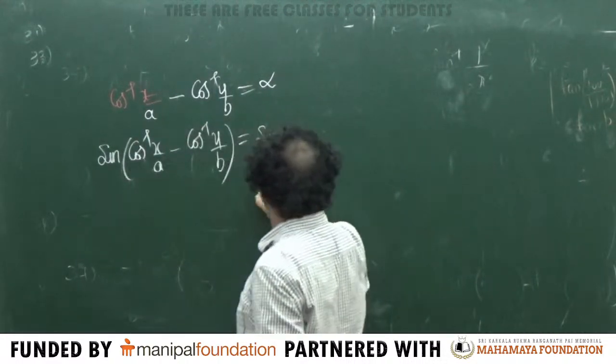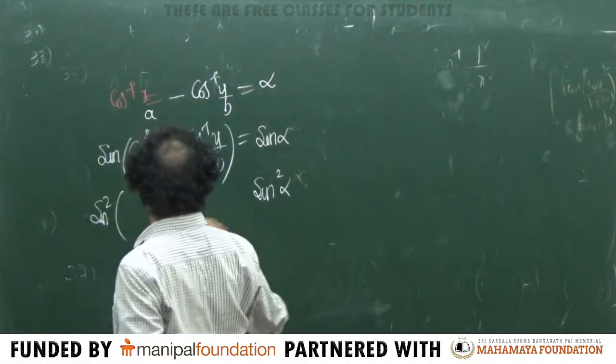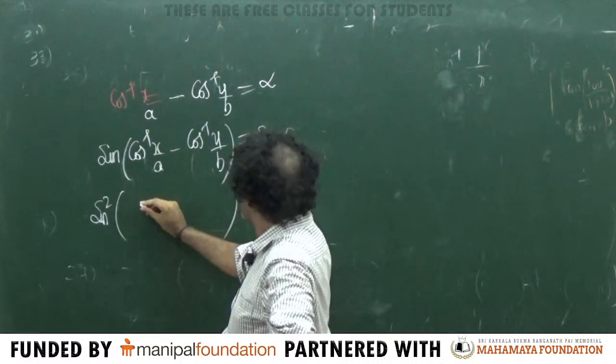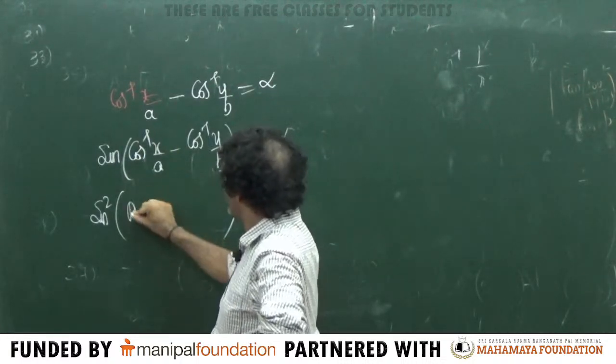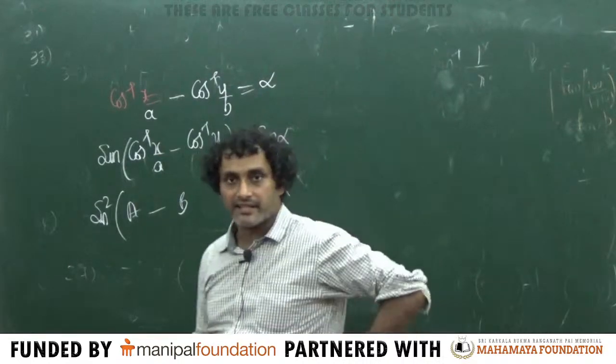You should get sine square alpha, right? And here it will be sine square of this. This you take as something like capital A, and this as B. All right, no? Something like that will do.